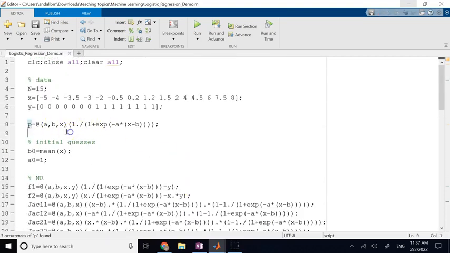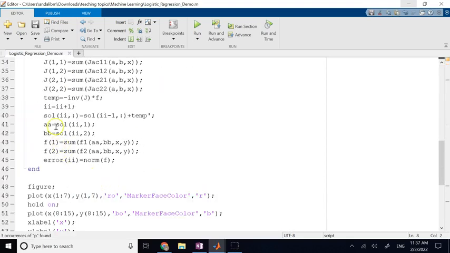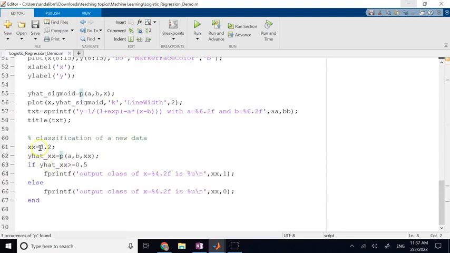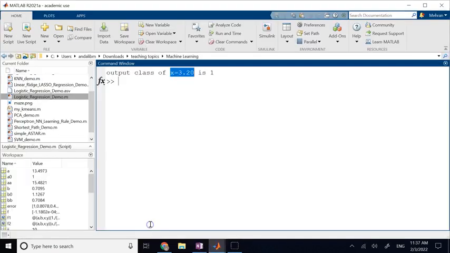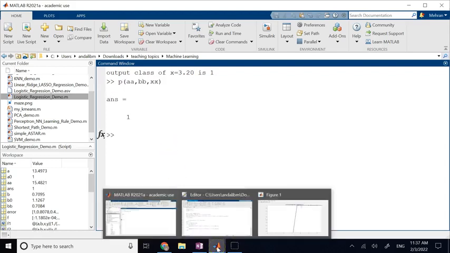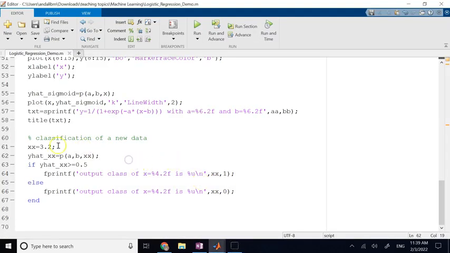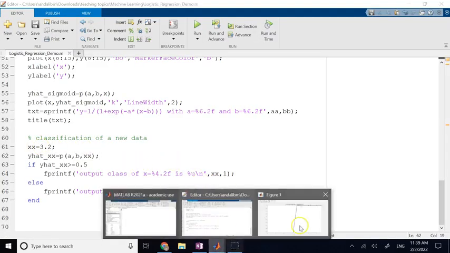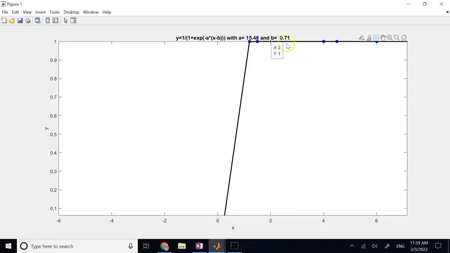So let me just do that for you. So the final A, I call it AA, BB, and XX. So if I want to know the exact value of it, you see the answer is 1.